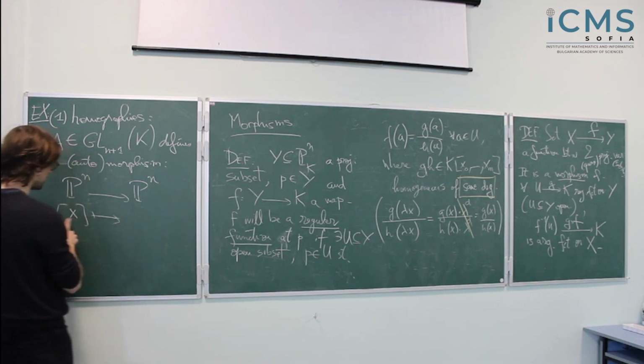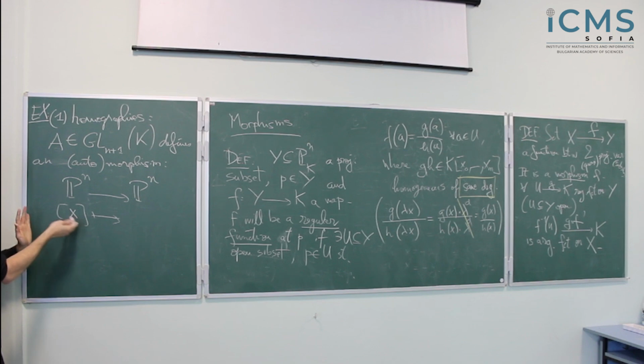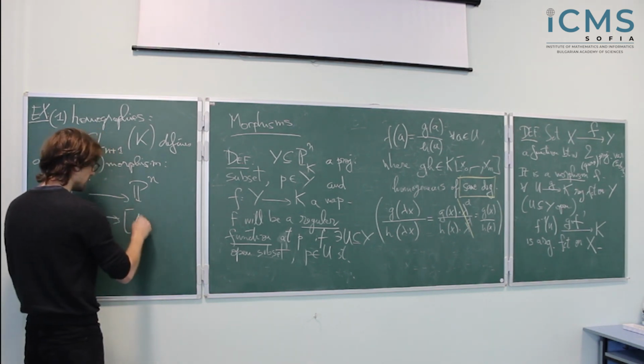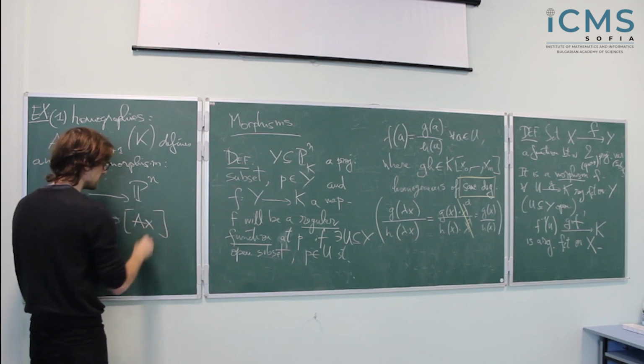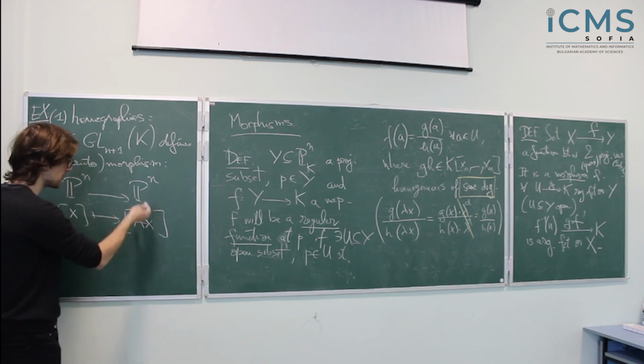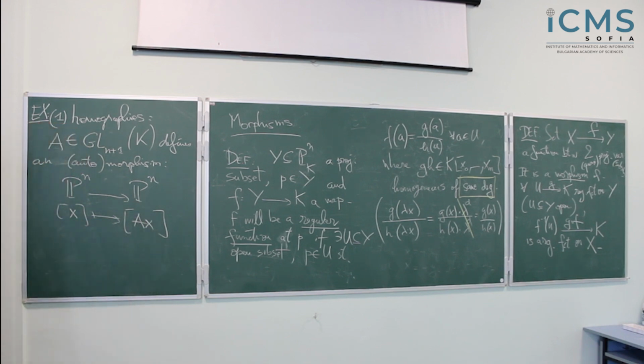If I just abbreviate the homogeneous coordinates by one letter x, I can consider it as a column vector, so I can multiply it by A, and I obtain something which is also not a zero vector. So this is how I obtain a very basic example of a morphism.